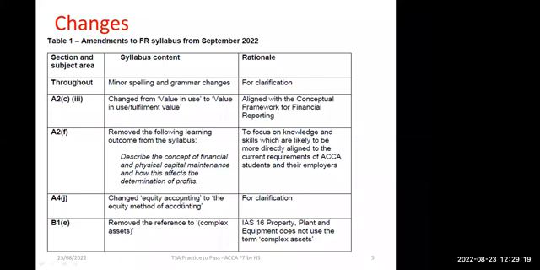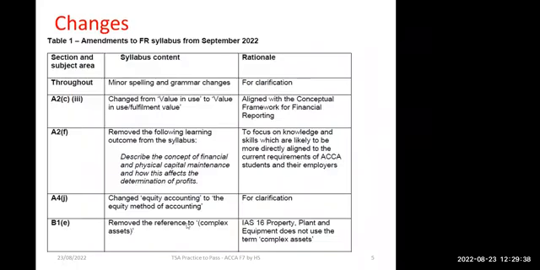Also, we use equity accounting to deal with associate companies, and it will be changed to equity method of accounting. I don't think it's a major change in the syllabus.